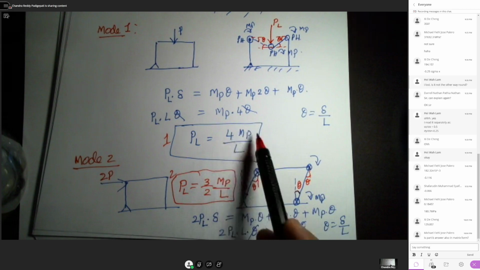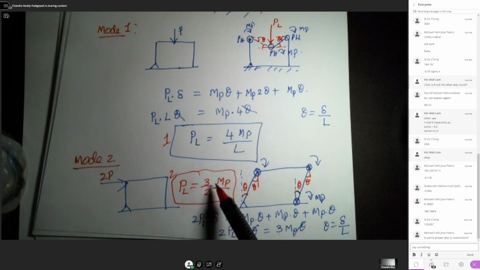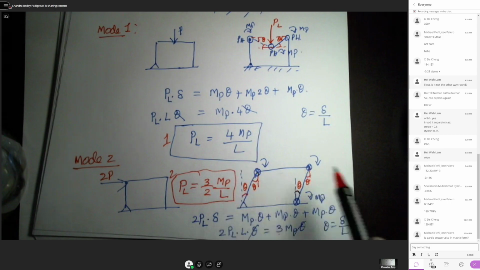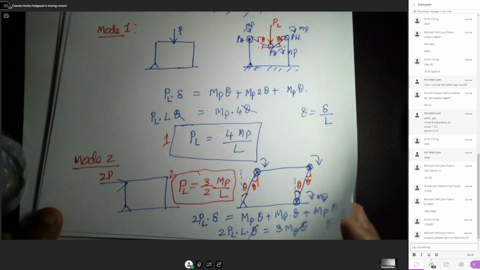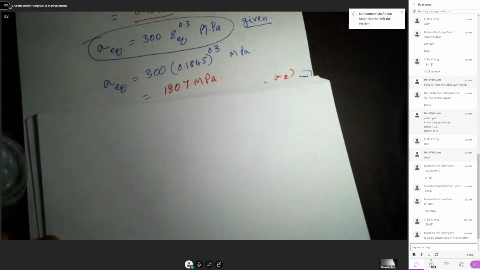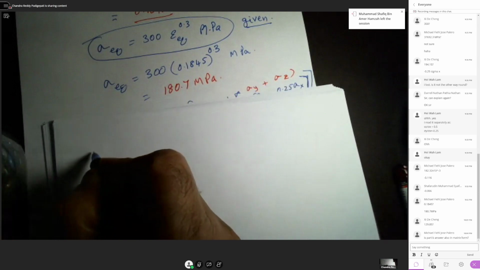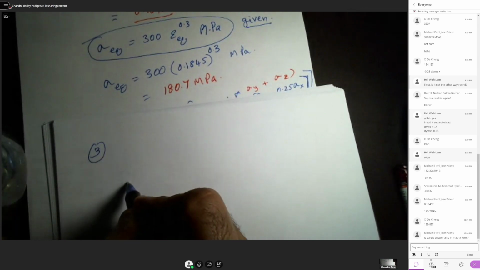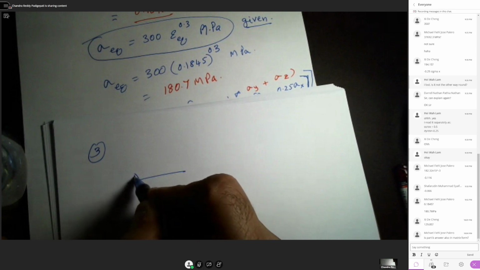So here the plastic load is more, and here the plastic load is less. It is only 1.5 times MP over L. Next, the last one, we'll see the third mode of collapse, where we choose both the horizontal and vertical components.